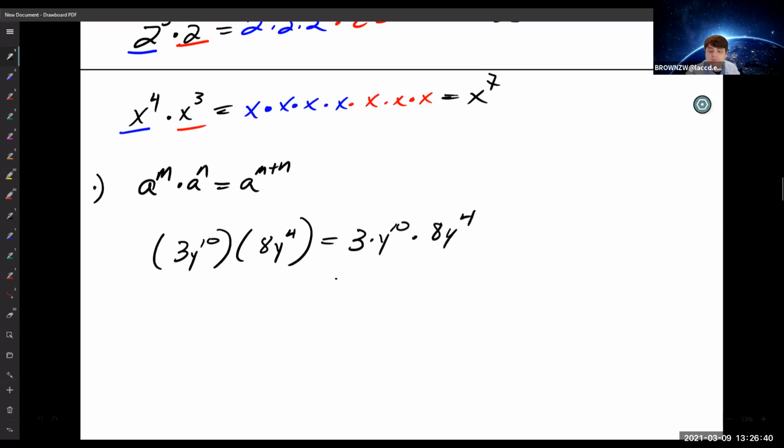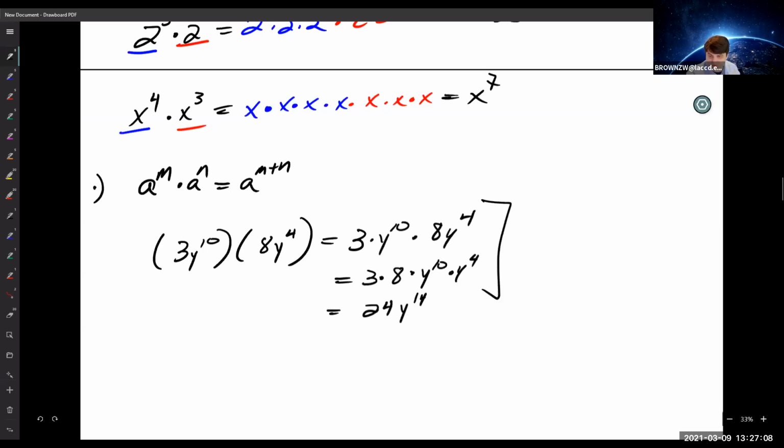So we can reorder this to make it a little bit easier to look at. I'm going to move the 3 and the 8 together, and then y to the 10th times y to the 4th together. We can always reorder multiplication. So 3 times 8 gives me 24, and y to the 10th times y to the 4 leaves me with y to the 15th.